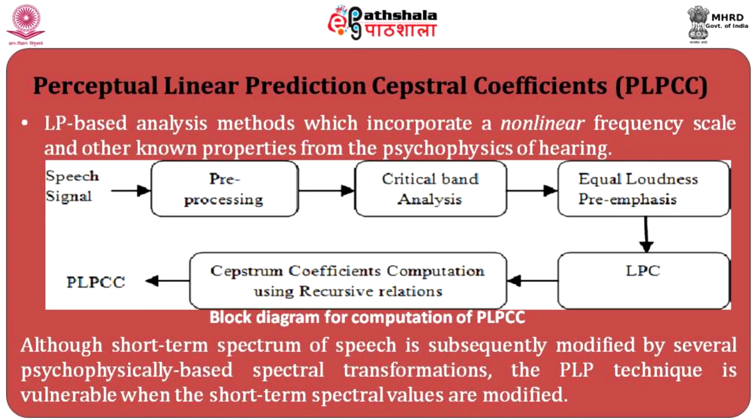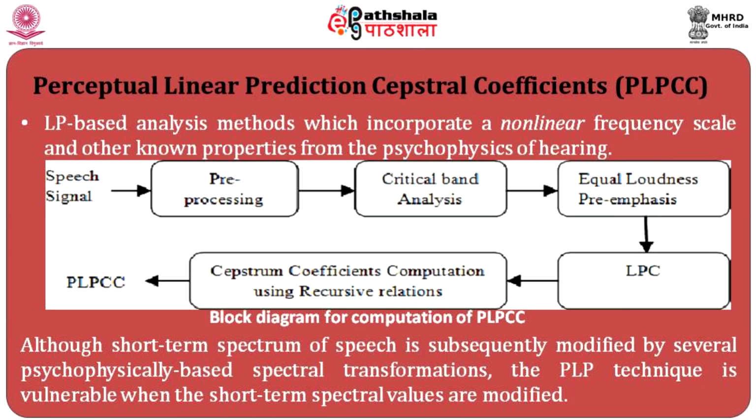The all-pole model of LP is then used to give a smooth, compact approximation to the simulated auditory spectrum. Finally, the LP parameters are transformed using recursive relations to cepstral coefficients for use as segmentation features. PLP analysis is more consistent than conventional LP analysis with human hearing.